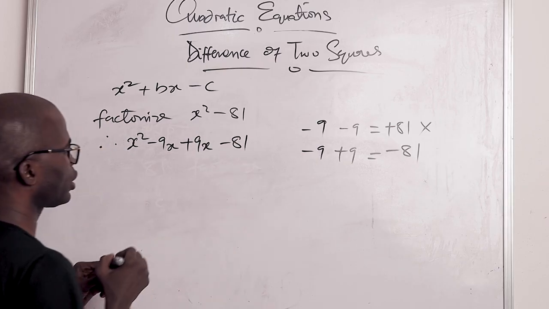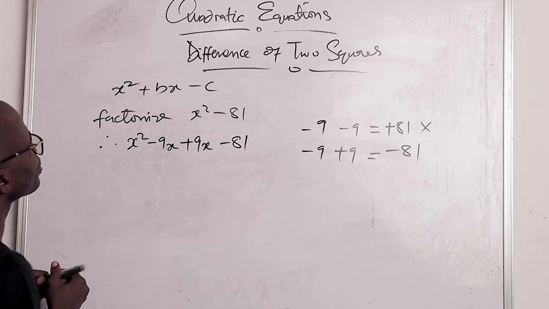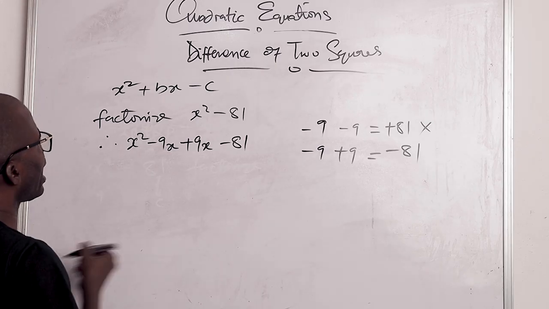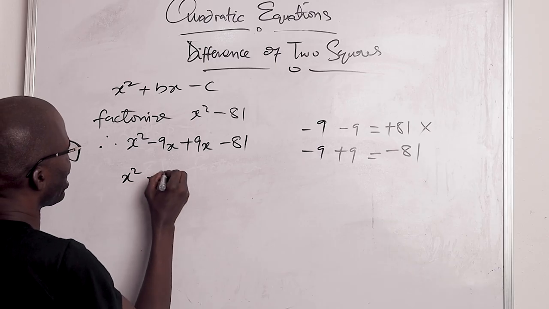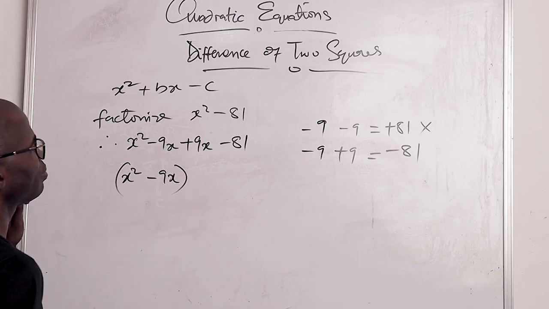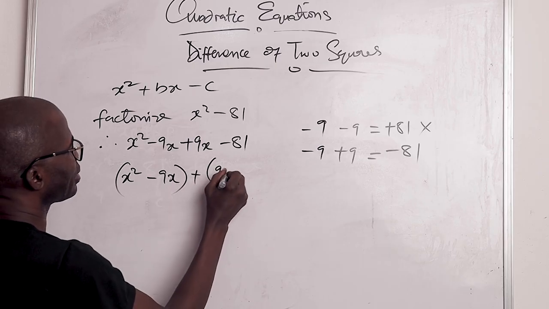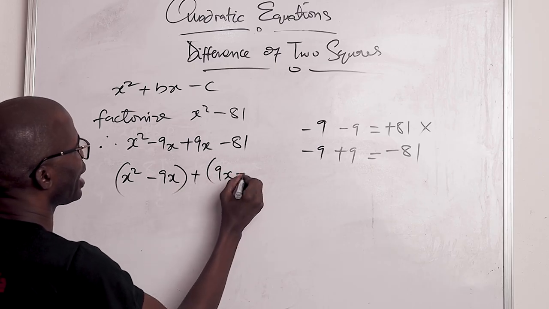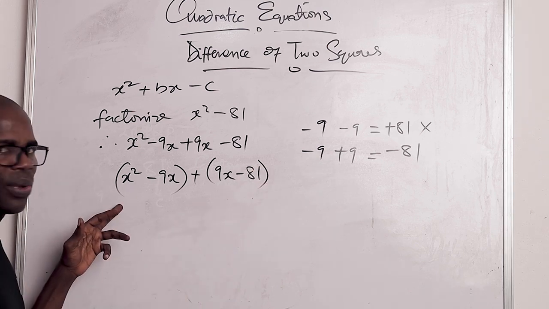I have my minus 81 here. Good. So the next thing we're going to do is to say x squared minus 9x in brackets, then you have your plus sign, then 9x, minus 81.